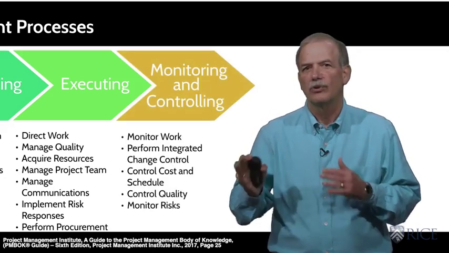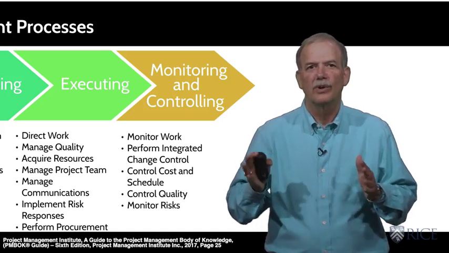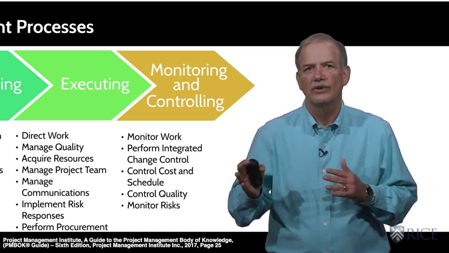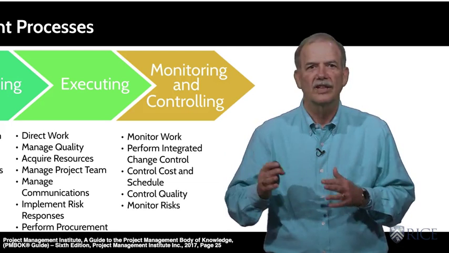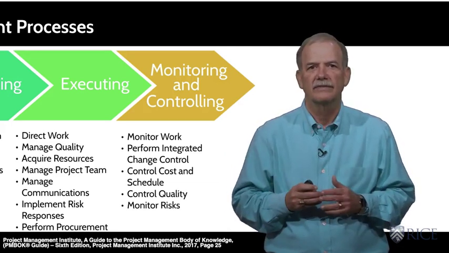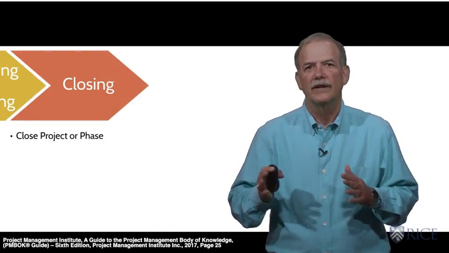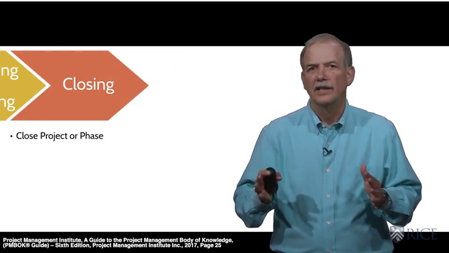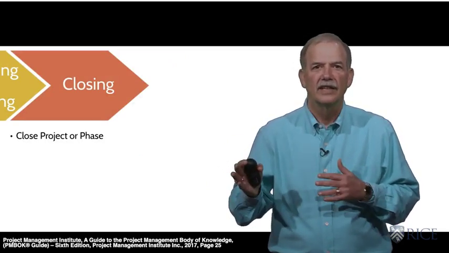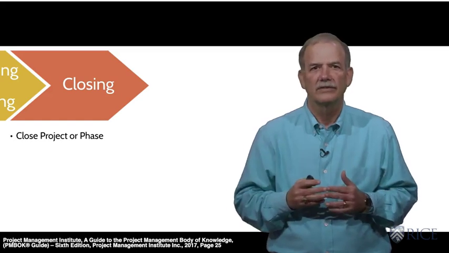In the monitoring and controlling phase, we control the work, perform the change control, and control cost, schedule, quality, and risks. In the closing phase, we complete the project, perform lessons learned, and archive the project records.